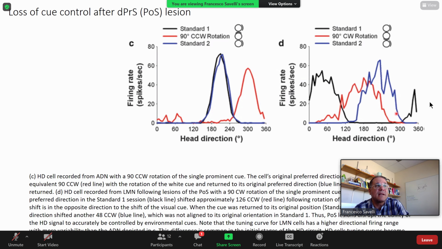You do the experiment, and every time you put the animal back, the head direction cell is still working as a head direction cell, but there's no way to predict what direction it is going to fire because the system is not capable of using landmark information.